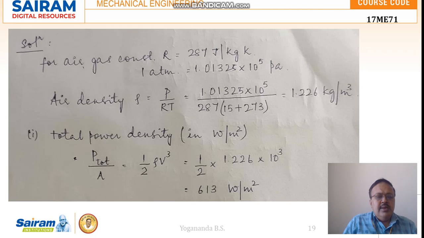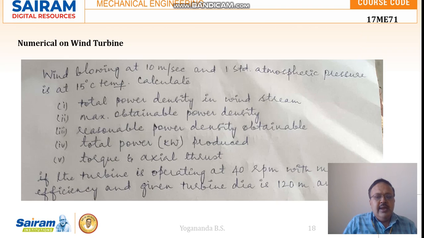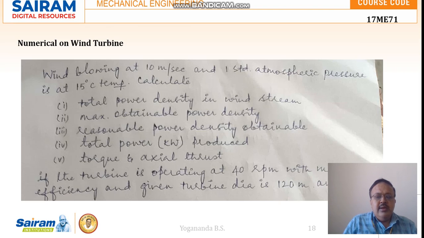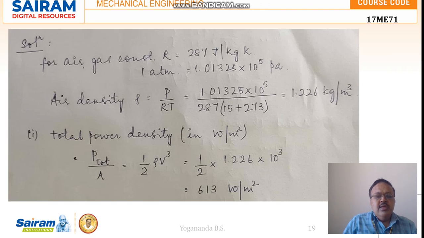Now taking the given data, the blowing wind is at a velocity of 10 meters per second, at one standard atmospheric pressure. One atmospheric pressure is equal to 1.01325 into 10 to the power of 5 pascals, and pascals is Newton per meter square. For air, the gas constant R is 287 joules per kg Kelvin.